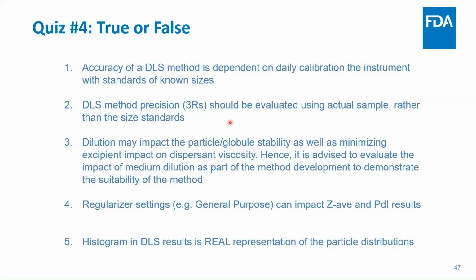I would say the accuracy of the DLS method really has nothing to do with standards. You never have to run a standard. It all has to do with the calculation. In order to determine a size, you could compare it to a standard, but everything is based on the first principles of the fluctuation of the light and doing the back calculation.